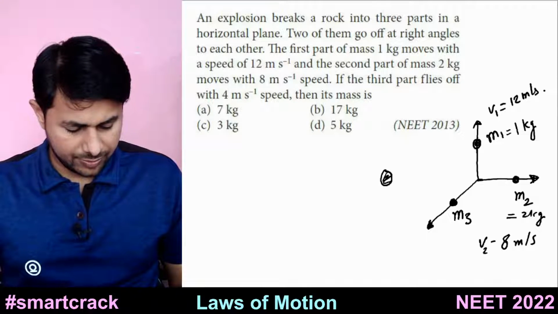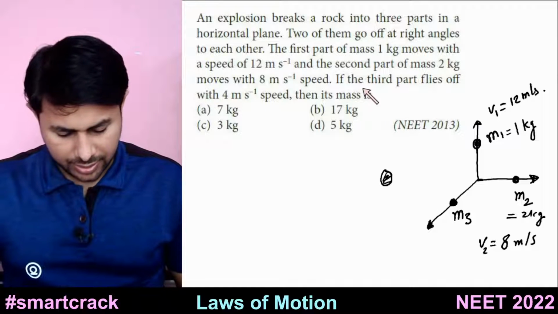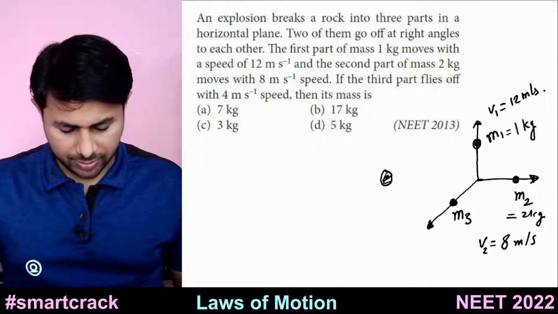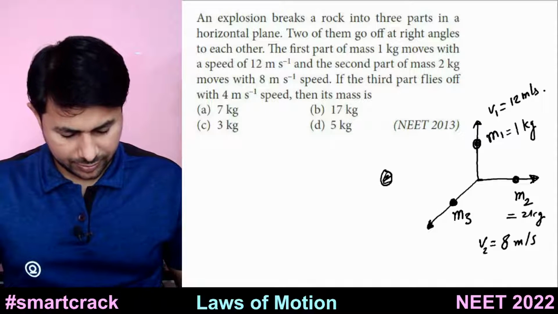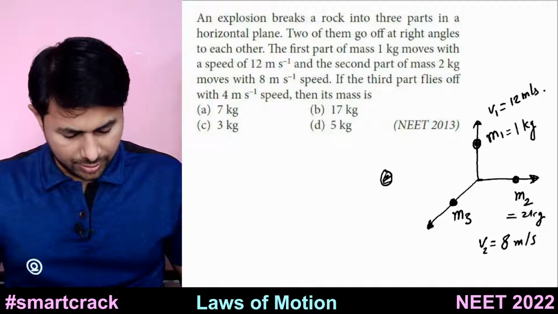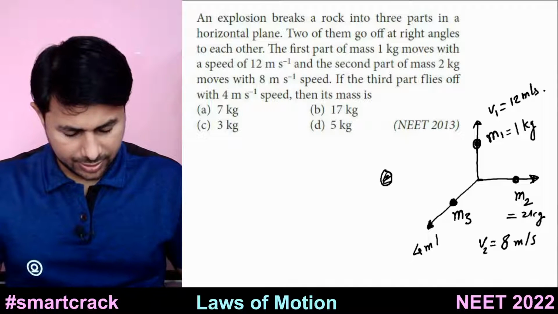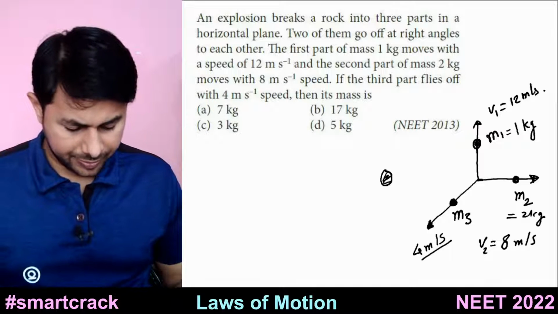And then if third part flies off with 4 meters per second, then its mass is what? So its speed is 4 meters per second. We don't know about the angle.